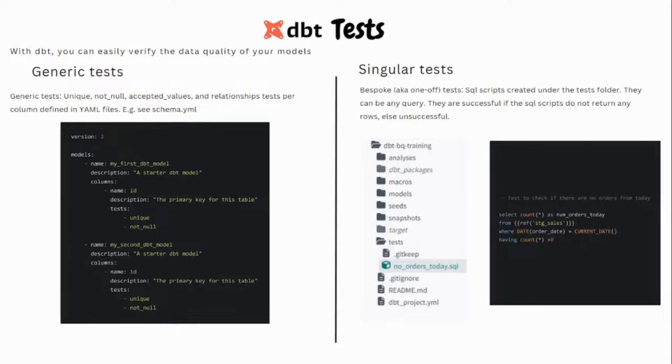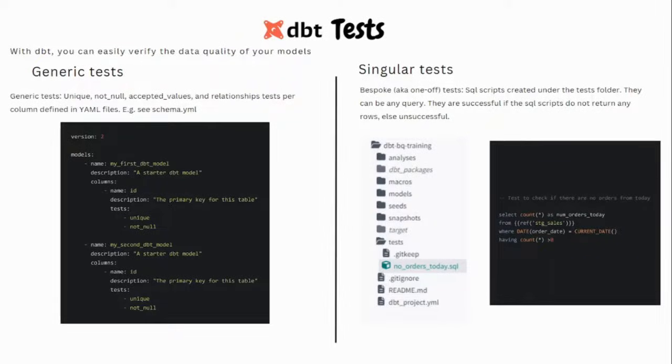Now we talk about the singular tests. Singular tests are sometimes called one-off tests, or more customized tests. These are important because a lot of these generic tests are good to check the values of certain columns, but they do not fit all situations or all business rules. In those situations, we have to switch to singular tests.